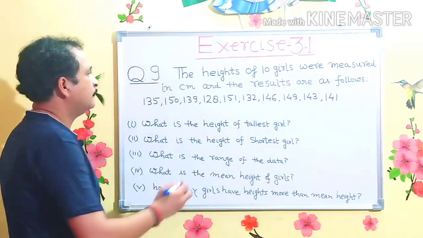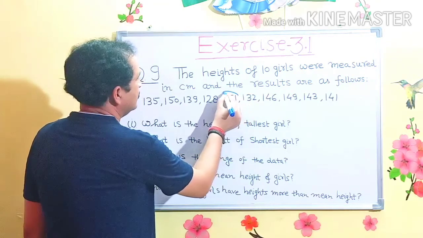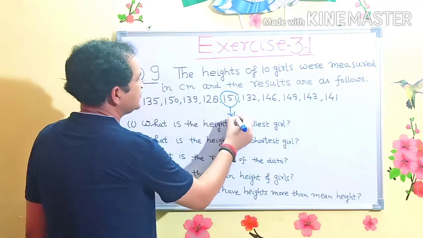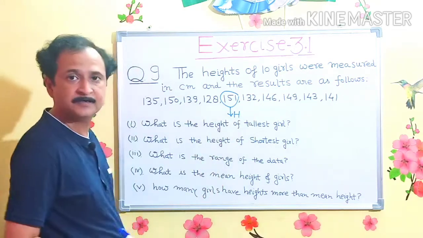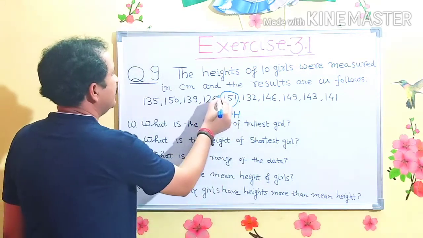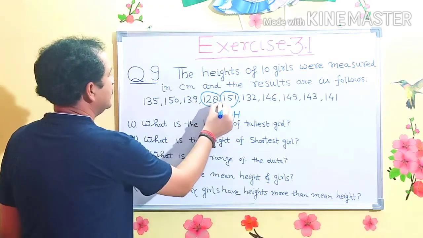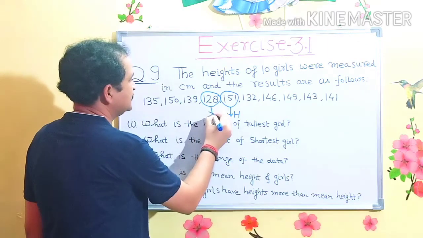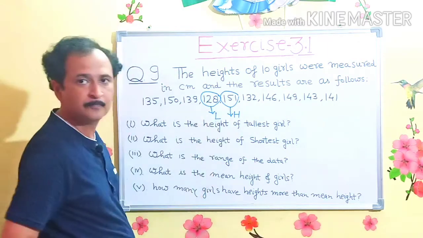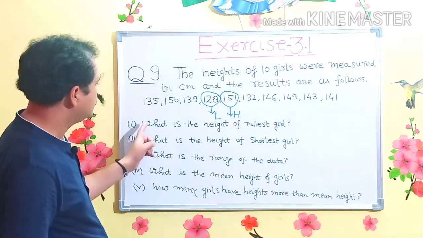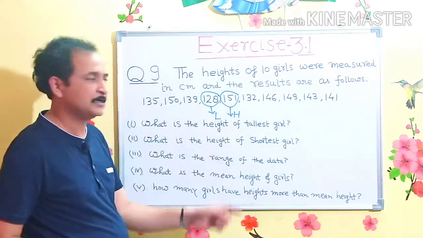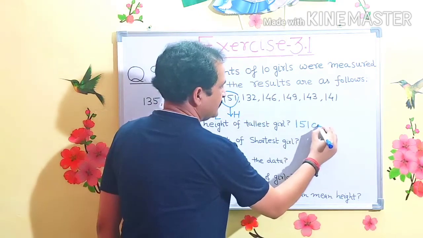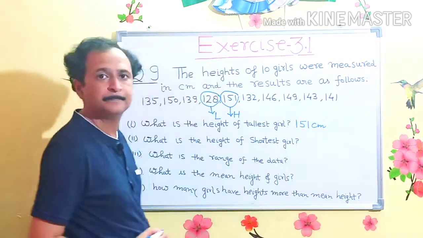See, 151 is the highest observation of this data and 128 is the lowest observation value of this data. So the height of the tallest girl is 151 centimeter.